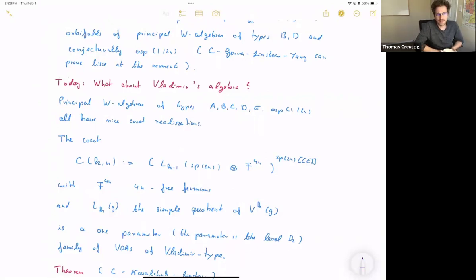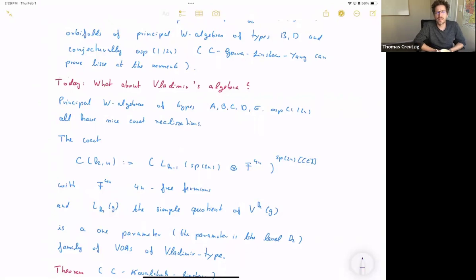And here I claim that the rational points, or at least many of the rational points of Vladimir's algebra, are described by the coset I wrote down here. Namely, a diagonal coset. So you take your affine algebra, in this case of type C, SP2n. Now you add 4n free fermions, because 4n free fermions carry an action of SP2n at level 1.